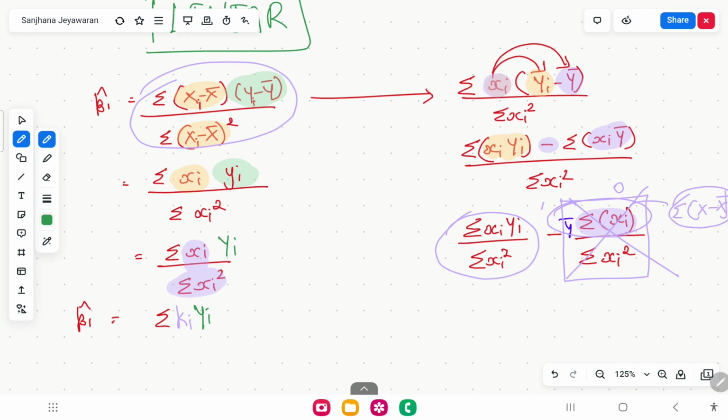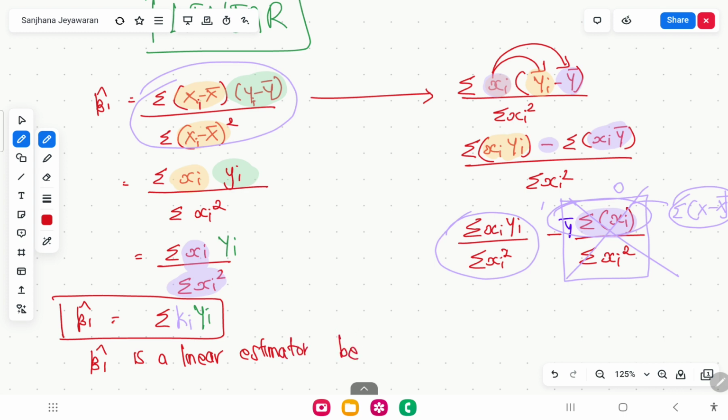So since we get this, we can say that beta 1 cap is a linear estimator because it's a linear function of yi. This is how we prove the fact that beta 1, the OLS estimator, is linear.